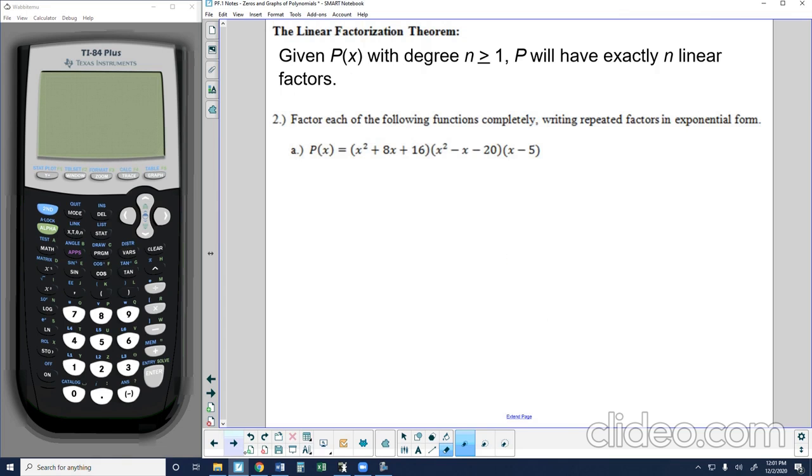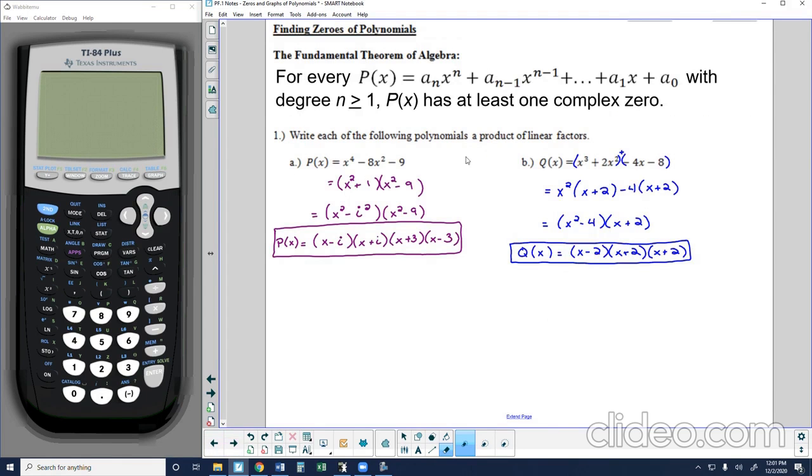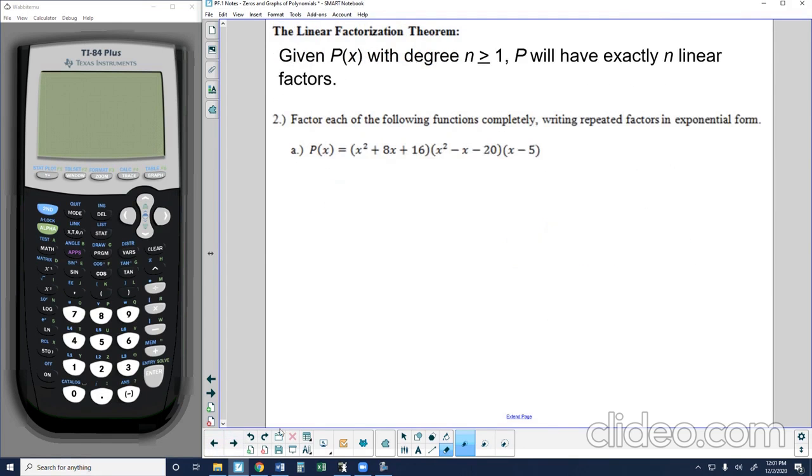So the linear factorization theorem tells us that if we're given a polynomial p of x, which could be written as we had here before, I'm not going to write that all down again, but if we had p of x with degree n greater than or equal to 1, so it could be 1, 2, 3, 4, so on and so forth, that polynomial will have n linear factors.